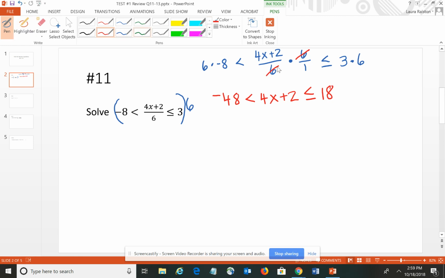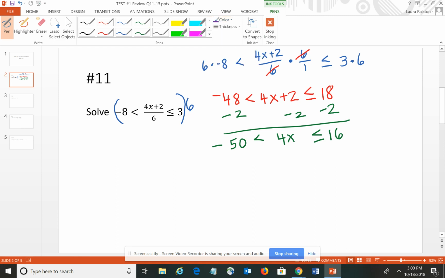Again, the goal is to get the x by itself, so I need to subtract 2, and I'm going to do that to the front end as well as the back end. So I have negative 50 is less than 4x, which is less than or equal to 16. I then need to divide everything by 4.